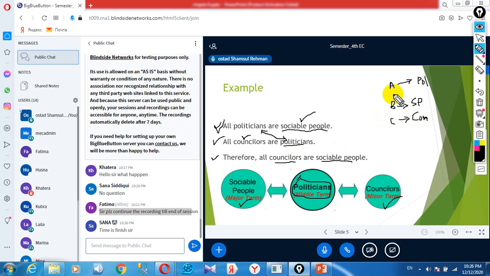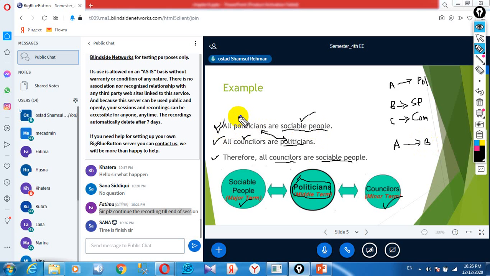So A is B, yes, A is equal to B. It means all politicians are social people.